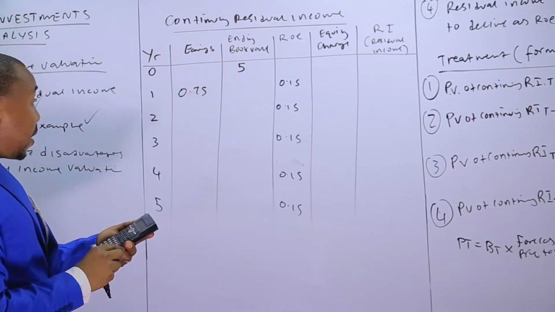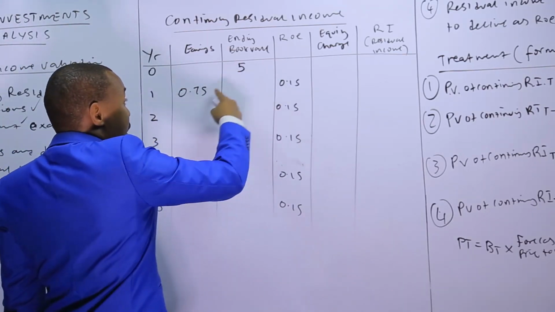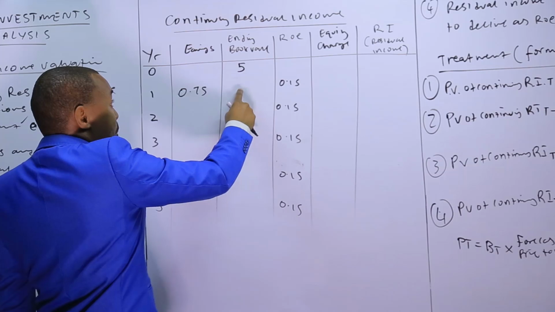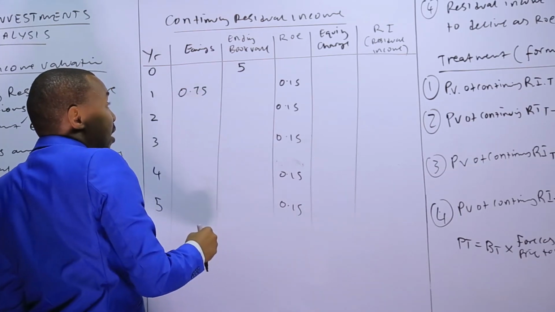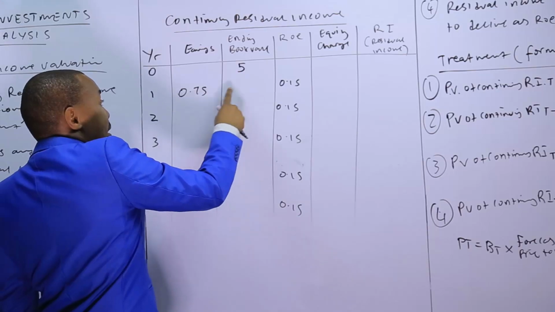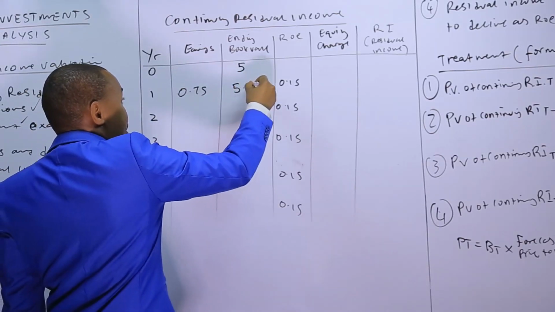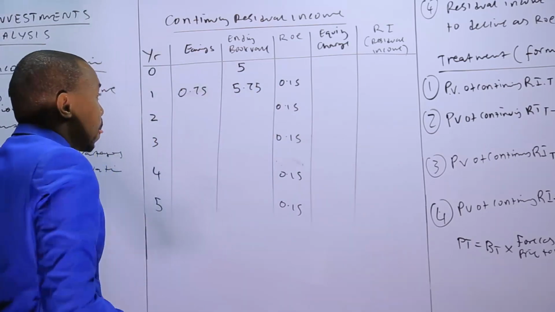Once we get 0.75, we are being told from the question that the ending book value plus the earnings gives the ending book value. So in this case, we have 5.75, like that.